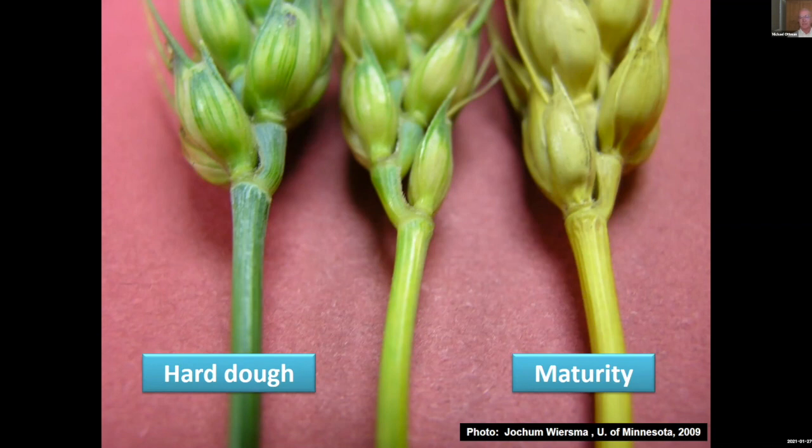The grain at that stage is about 35% moisture. No more dry matter accumulates, and there's a dry down stage of 2 to 3 weeks where it goes from 35% moisture to less than 10%, which is when we would harvest. Sometimes I see farmers still irrigating the crop past this maturity stage, and it's really not doing the crop any good because it's done.